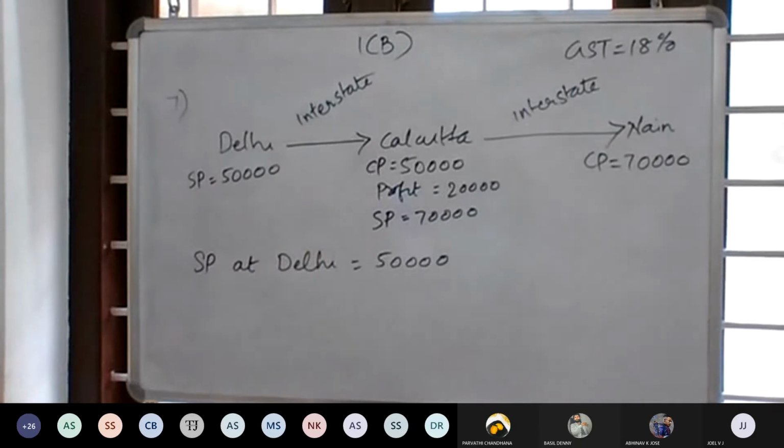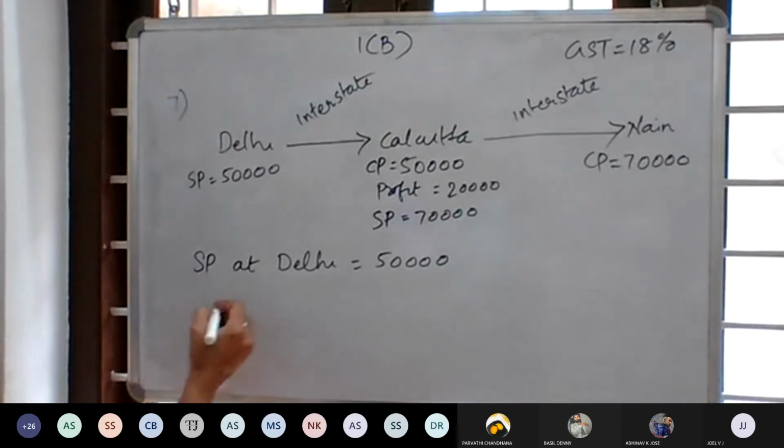So SP at Delhi is 50,000. Since the transaction from Delhi to Calcutta is an interstate transaction, write that sentence. It is not compulsory, but while revising it will be difficult, so write it.